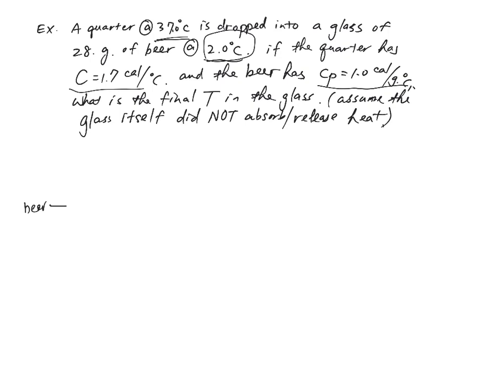The beer, at 2.0 degrees Celsius, is going to rise in temperature, and then you also have the quarter at 37.0 degrees Celsius. Its temperature is going down.